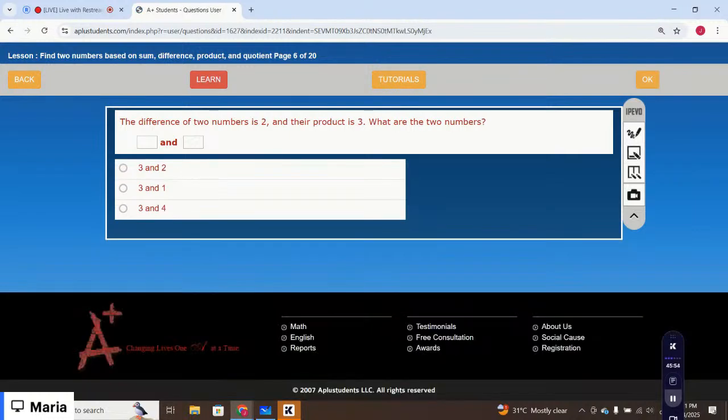The difference of two numbers is 2 and their product is 3. What are the two numbers?